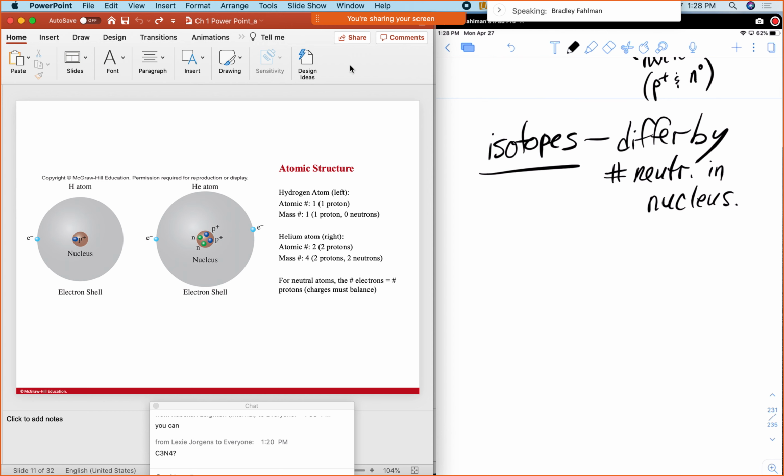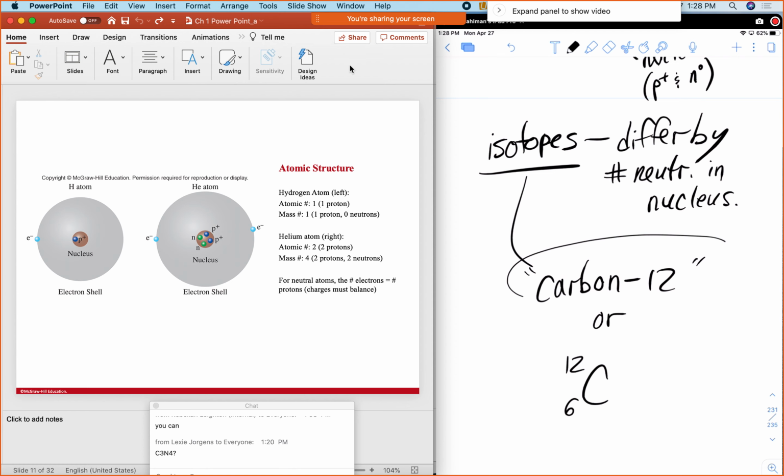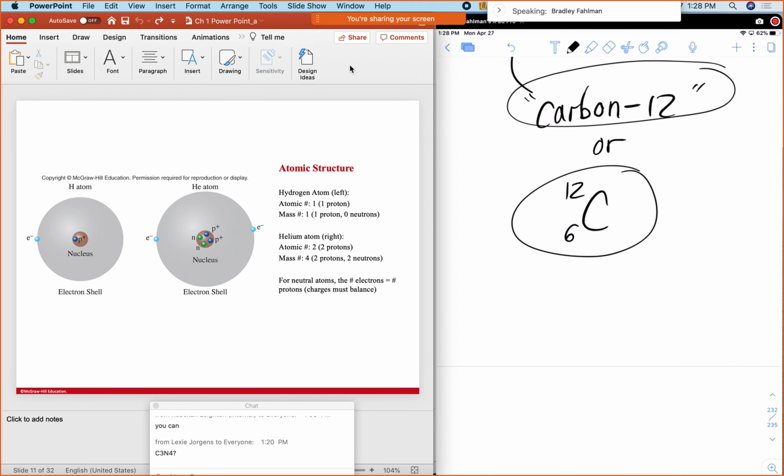Remember there was the symbolism that we used. You could say carbon 12, or you could say this. Those are the two different ways I could put an isotope on the exam.